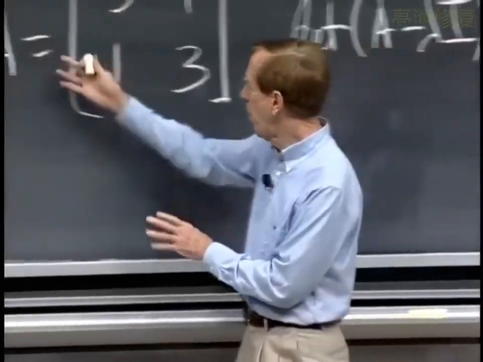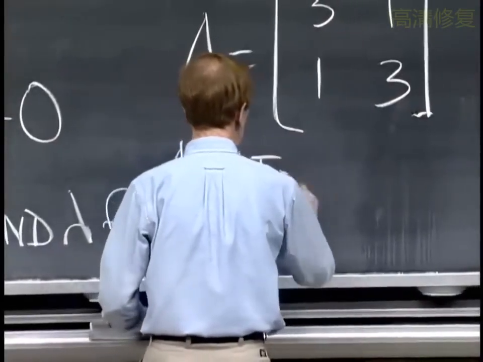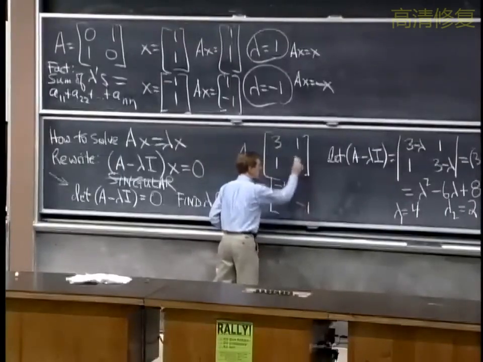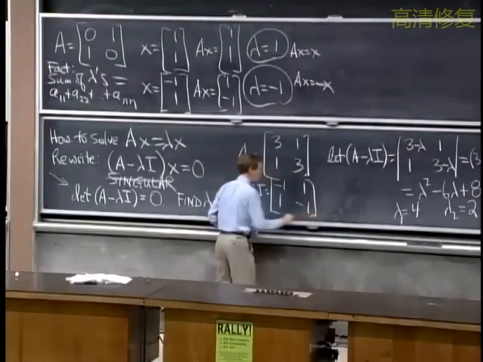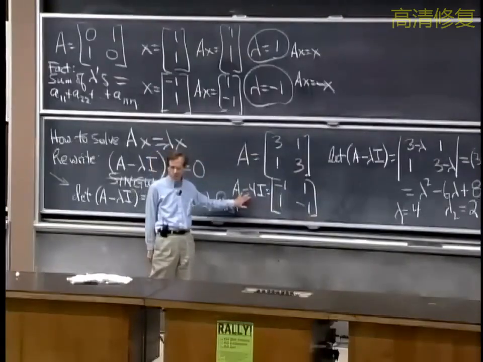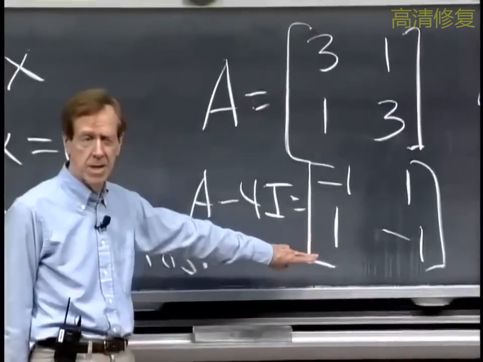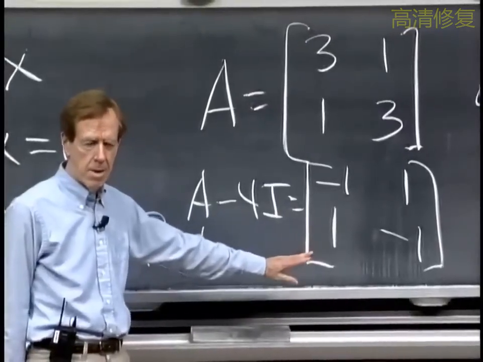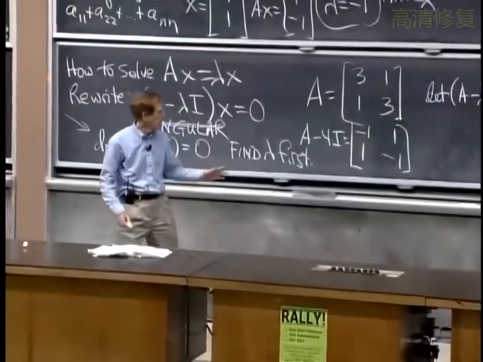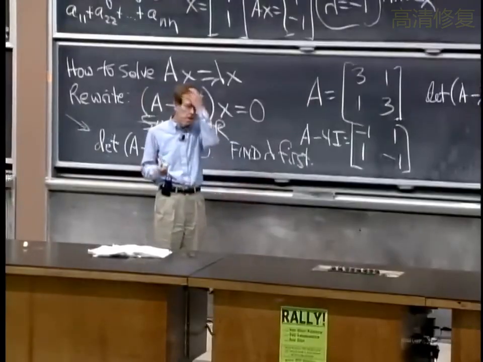I'll subtract 4I, so A minus 4I, taking 4 away, we'll put minus 1s there. What's the point about that matrix? If 4 is an eigenvalue, then A minus 4I had better be what kind of matrix? Singular. If that matrix isn't singular, the 4 wasn't correct. But we're okay, that matrix is singular, and the x is in the null space.